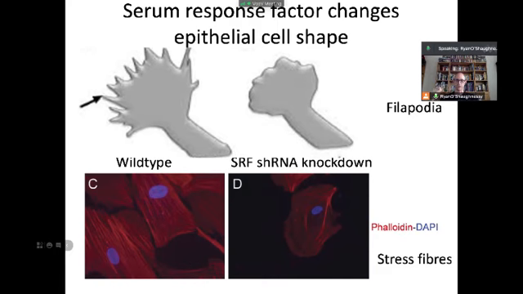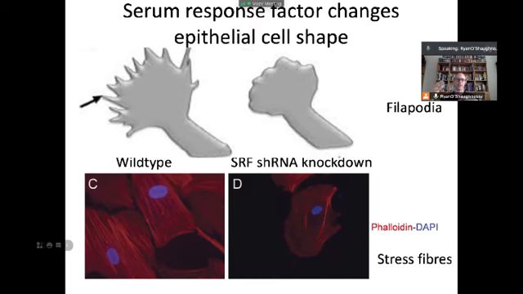So using phalloidin and using microscopy, we can see the actin cytoskeleton. When we knock down the serum response factor, we see much less organization of these fibers that are called stress fibers.